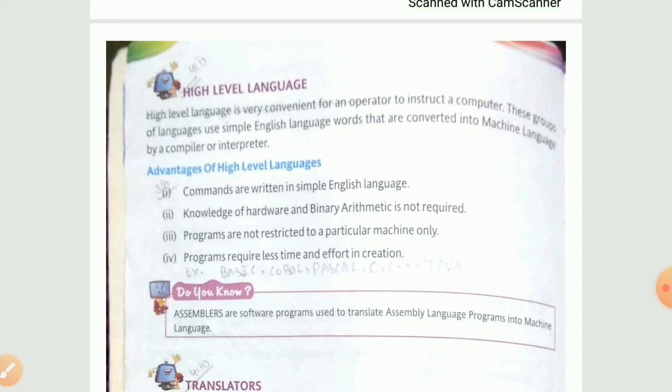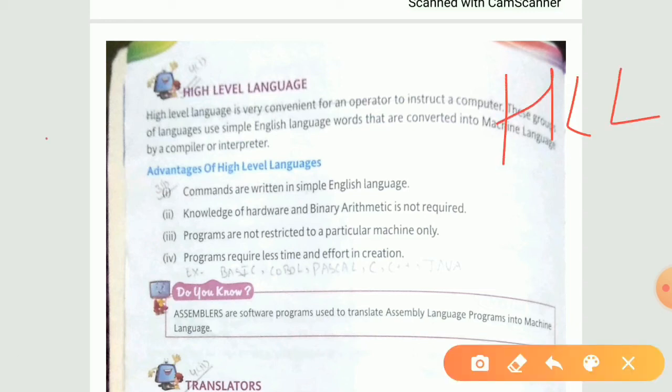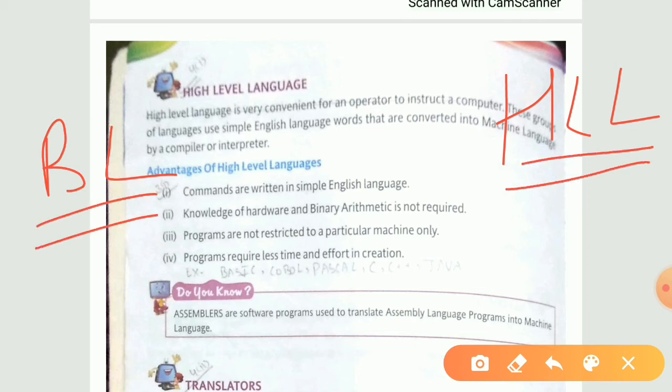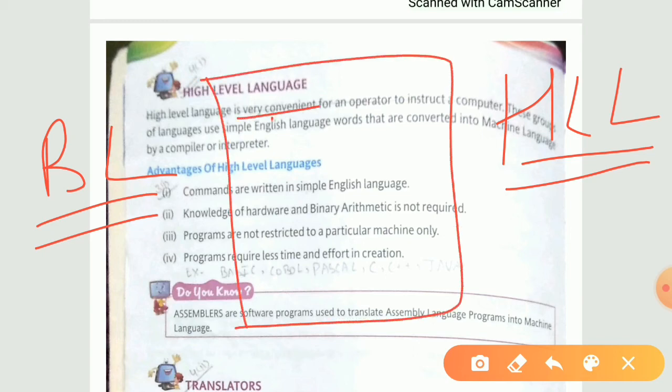Now remember, we have talked about these high level languages and binary languages. High level language is your simple English language, binary language is the combination of zeros and ones, and the middle software that we are going to talk about is known as your translator. Now, there is a very popular question: what is the difference between your assembler and your translator?